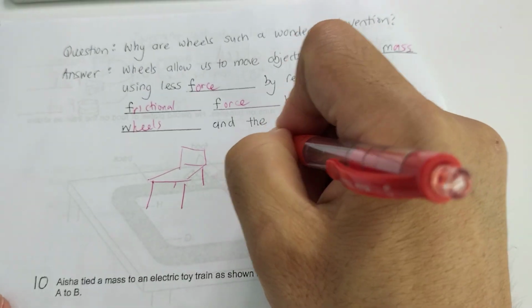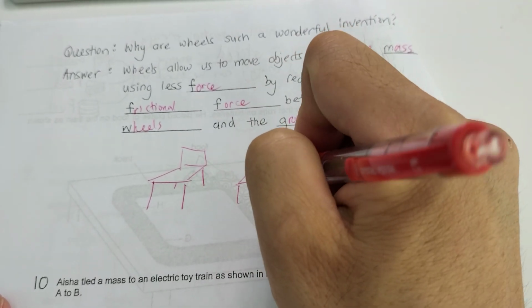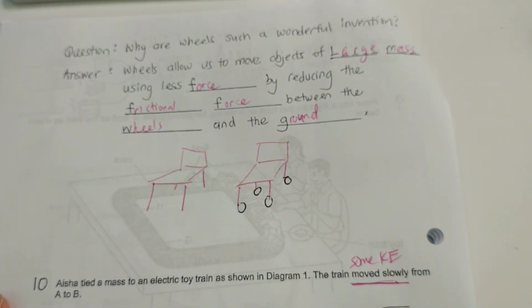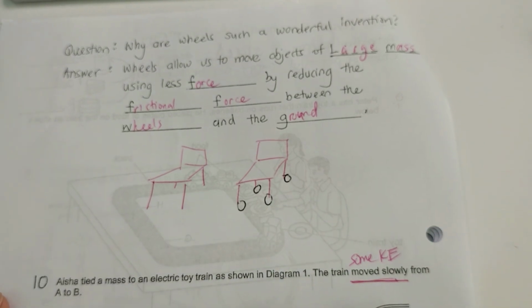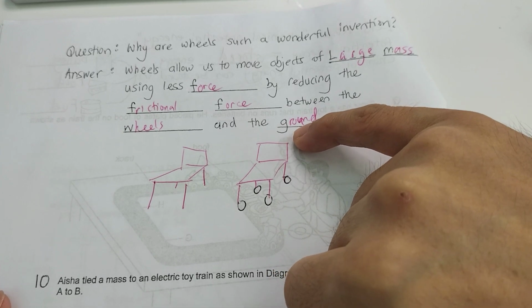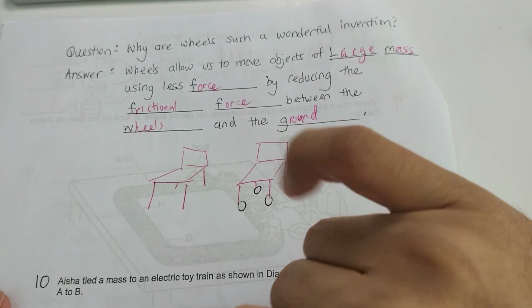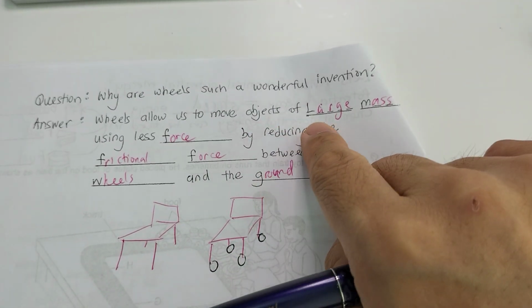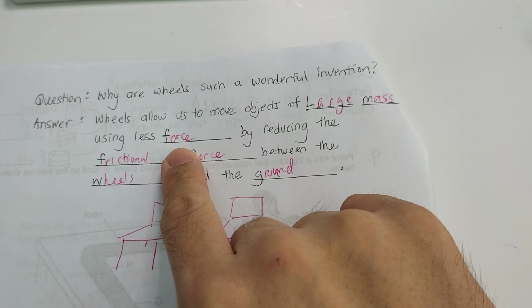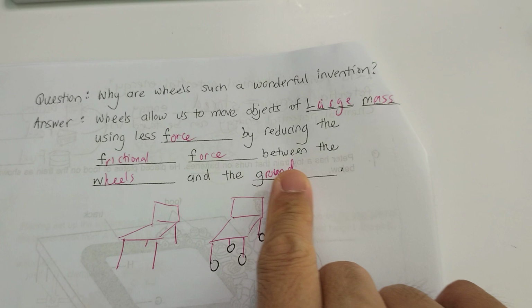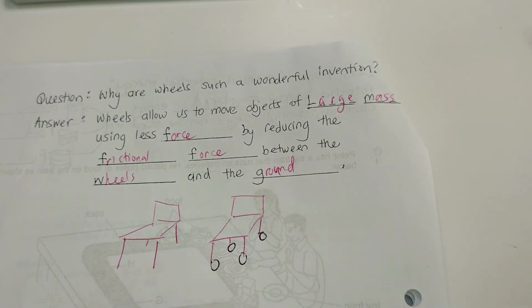But what if this chair now is special? There are wheels at the bottom of the chair, like a wheelchair. Now you can even use a little pinky and just drag across the back of the seat of the chair, and you can most likely pull or push me just using your pinky. Because the wheels help you to move objects of large mass using less force by reducing the frictional force between the wheels and the ground. If there's less frictional force between the wheels and the ground, of course you don't need to use so much energy as well to move something.